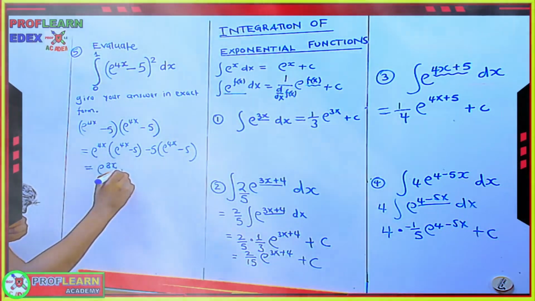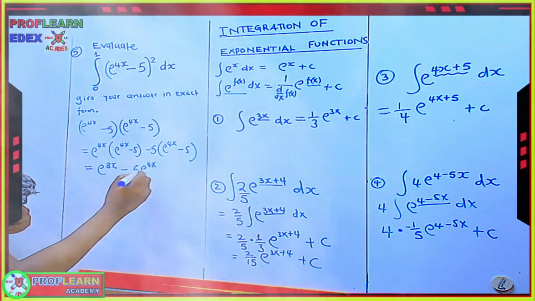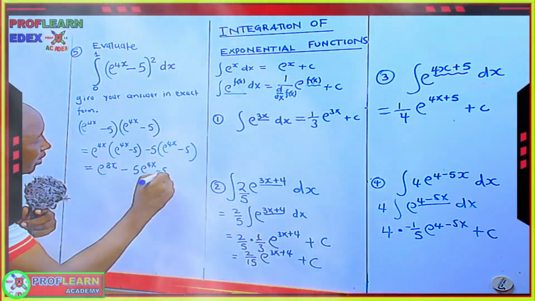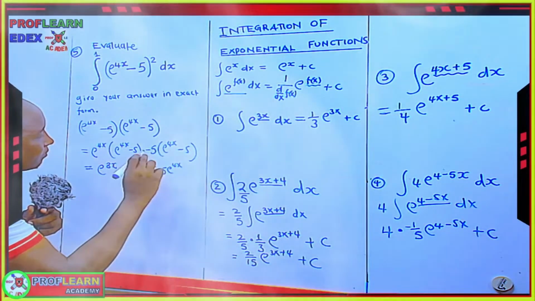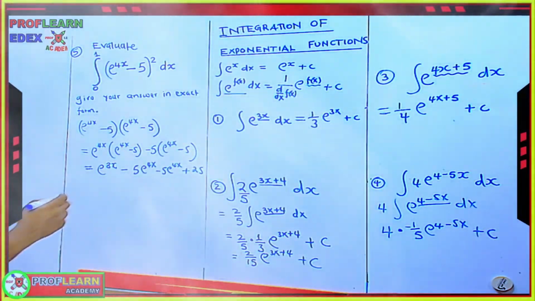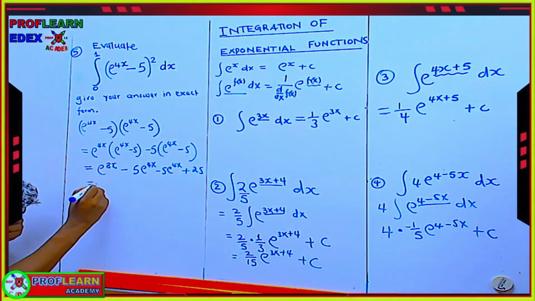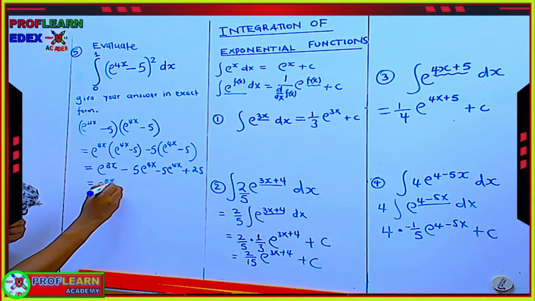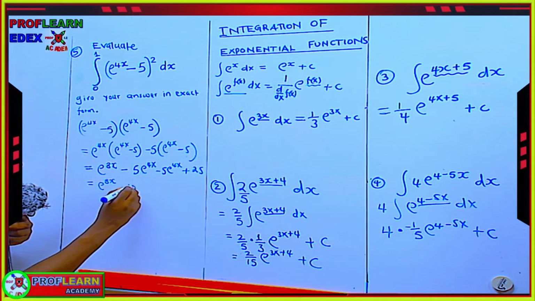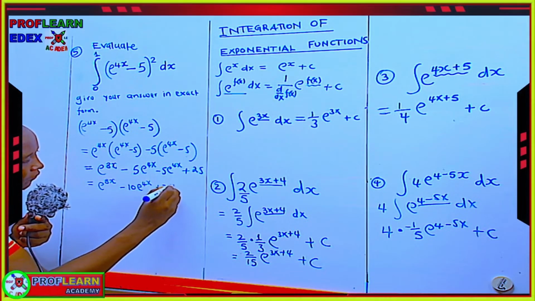This time this will be minus 5 e to the power 4x, minus 5 e to the power 4x, and this time this will be positive 25. Putting the like terms together, we shall have e to the power 8x minus 10 e to the power 4x plus 25.